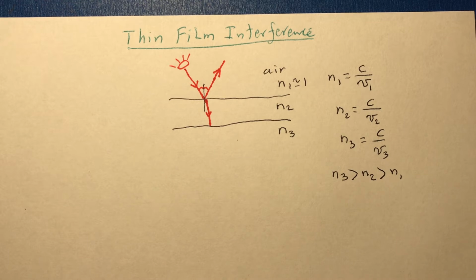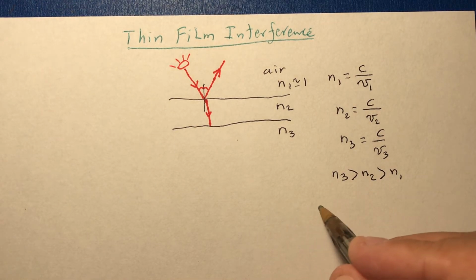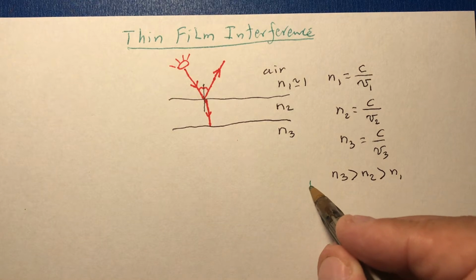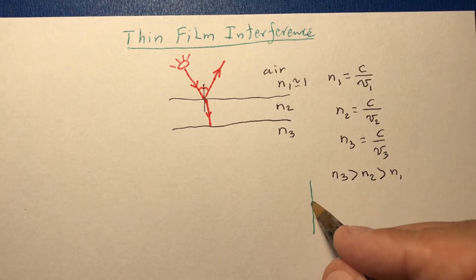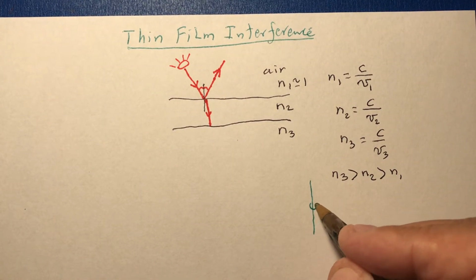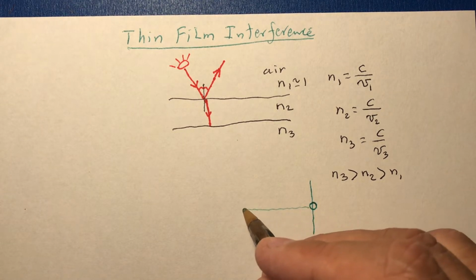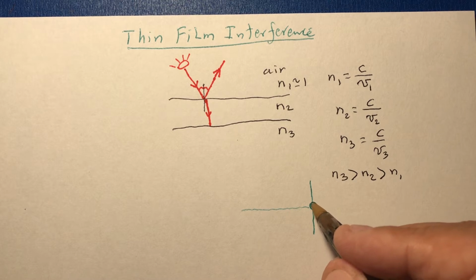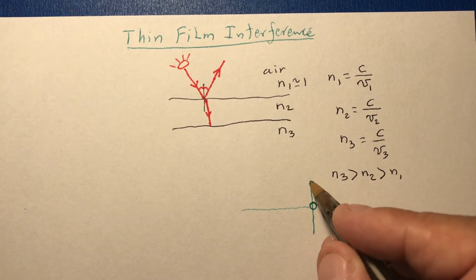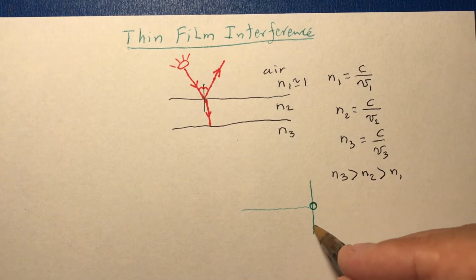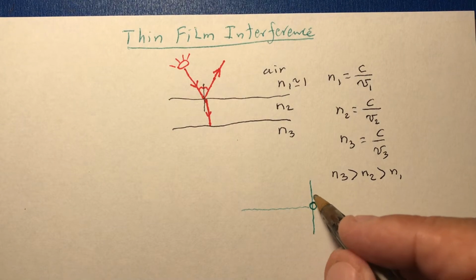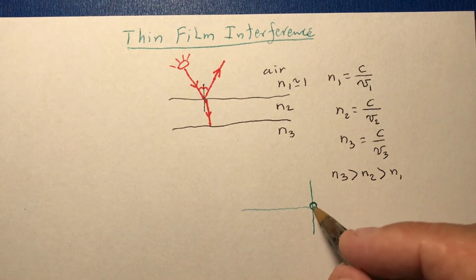So let's take, for example, a rope. We have a rope loosely attached to this wire. We have a ring, and this ring can slide with no friction down and up the wire.